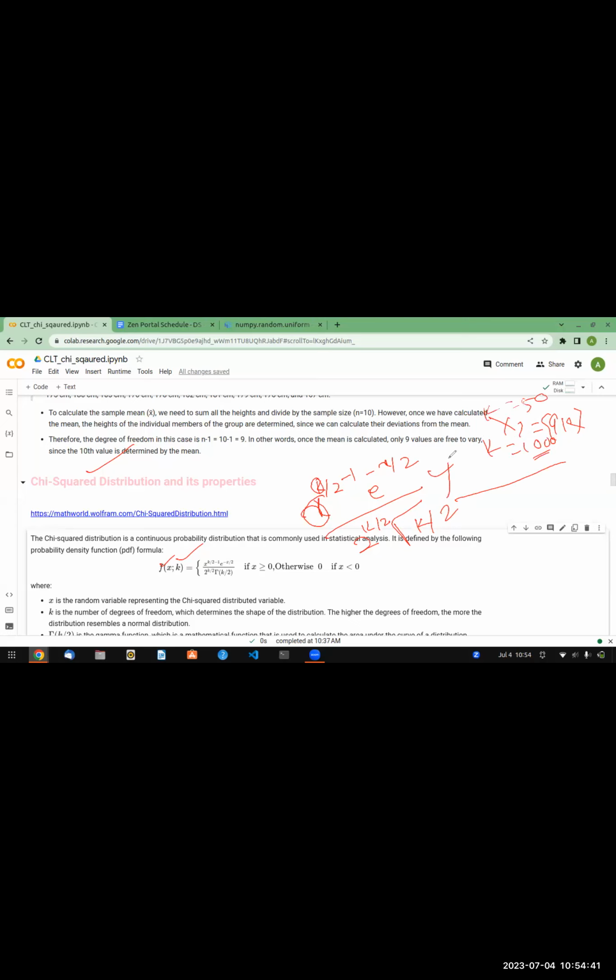The curve looks like something at 50, but at k equal to 1000 the curve will be a normally distributed curve. This is a property of the chi-square distribution. With increasing degrees of freedom, your distribution will be similar to normally distributed data. That means you will get a bell-shaped curve.